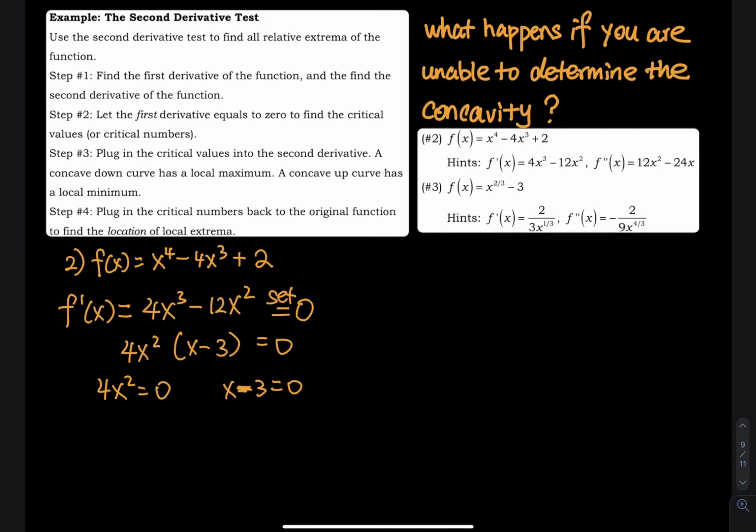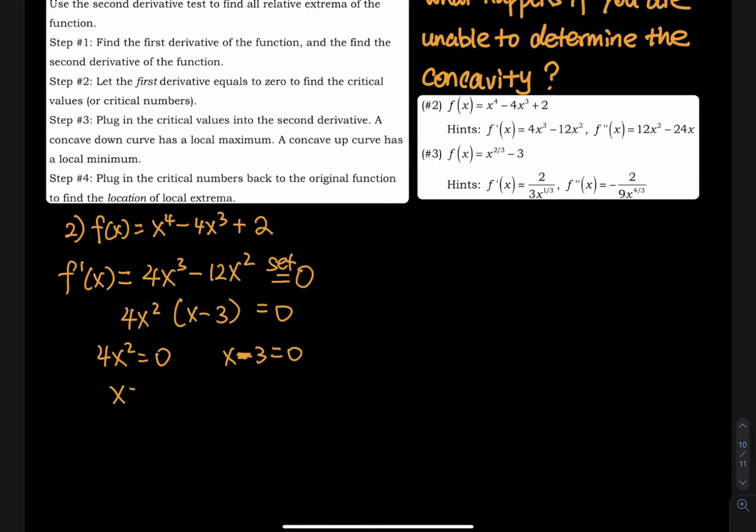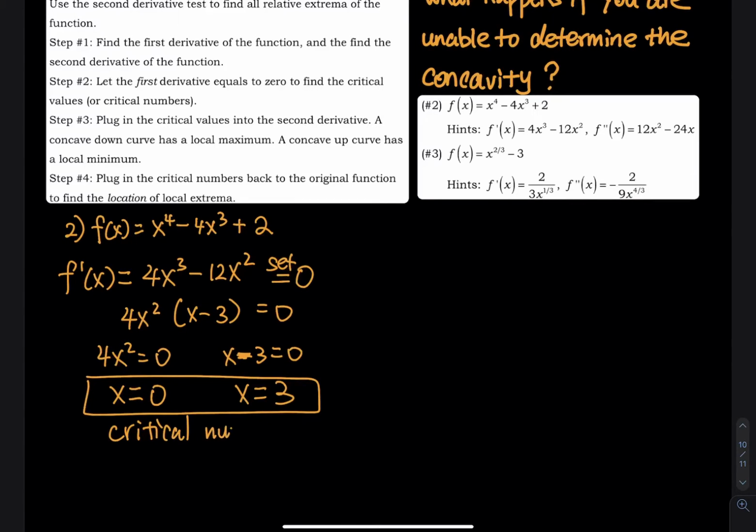If the right hand side is any number other than 0, then the zero product property is not going to work. So this gives me two critical numbers: x = 0 and x = 3. Let's box them and call them critical numbers.